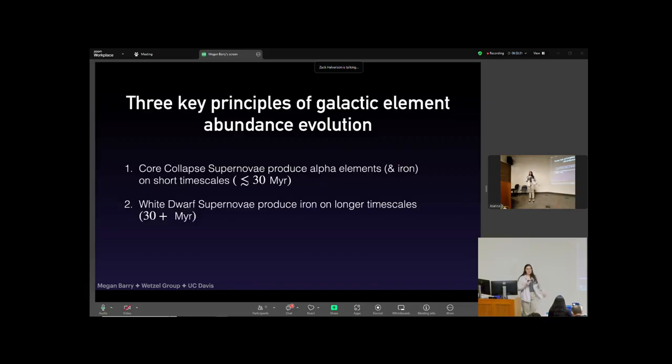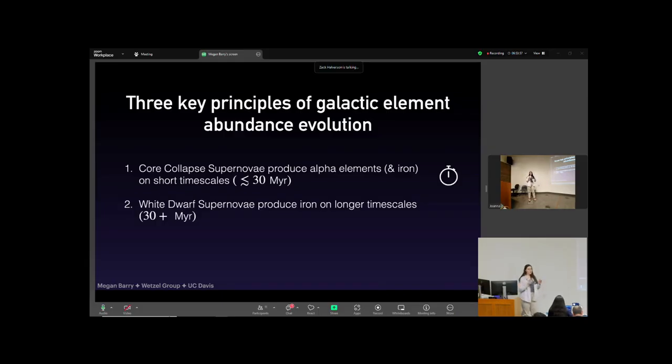The second is that white dwarf supernovae produce iron on longer timescales. So after star formation begins in some population, not only do white dwarf supernovae occur on a delayed start, they don't start until you have white dwarfs, but they also continue basically indefinitely in that stellar population, because white dwarfs can hang around for quite a while.